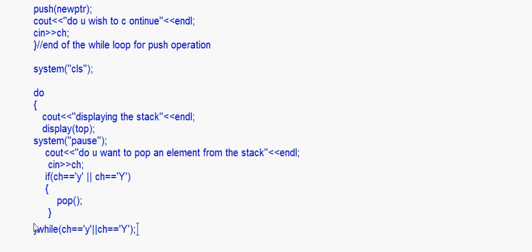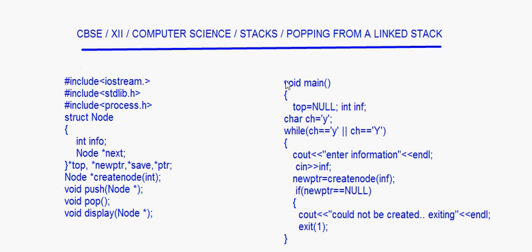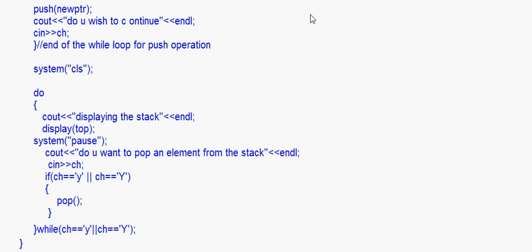Fine. Then that's it with the main function. After this, you can close your main method. I have taken void main, so if we write void main, we don't need a return 0 and all. If you take int main, then only you have to give a return 0, right? Okay, now let's look at the pop function here.